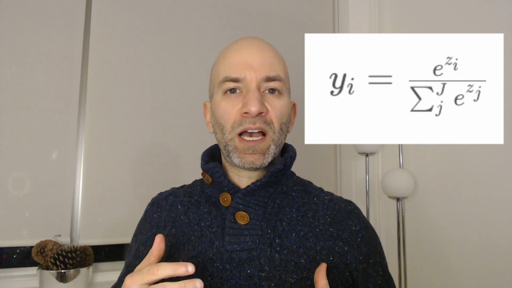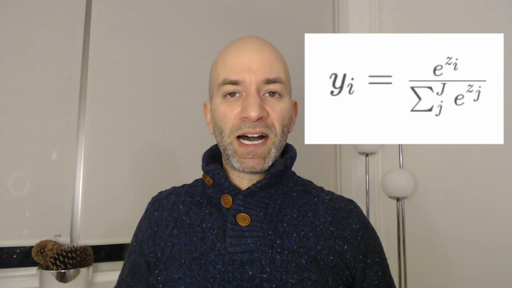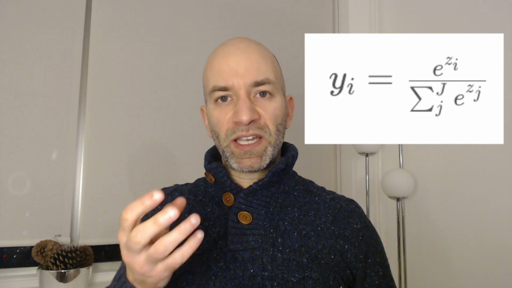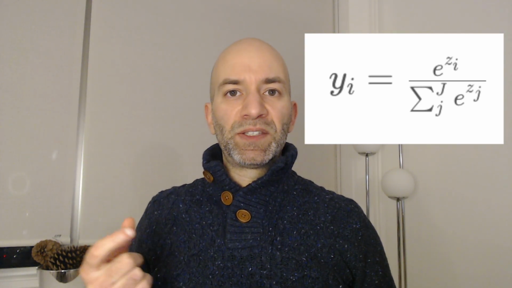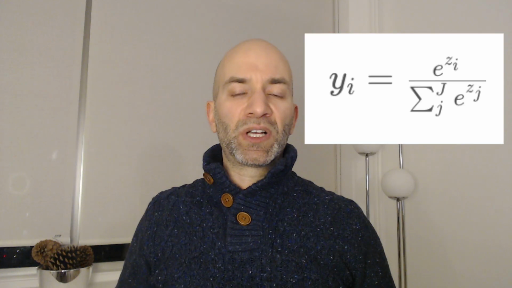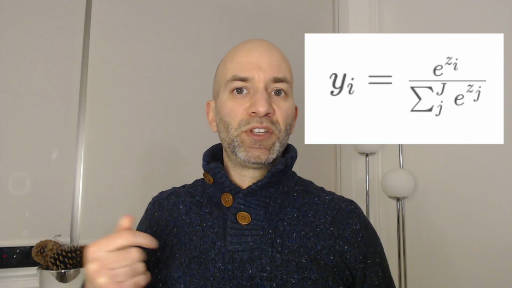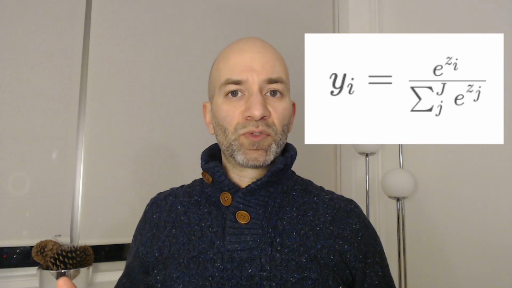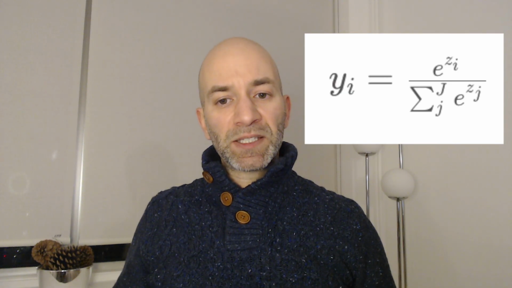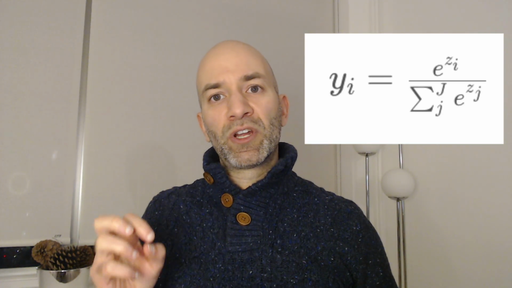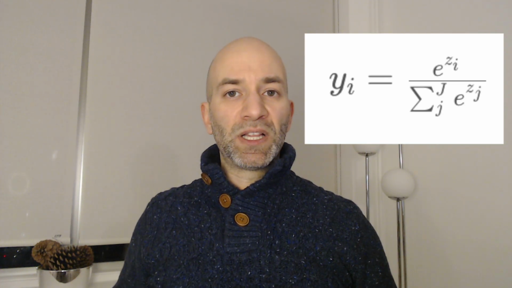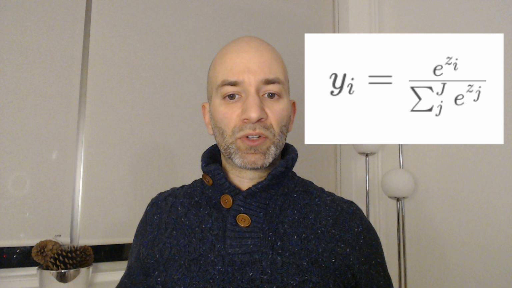So for an output layer in our neural network, for a specific neuron i, our output is defined given this formula, where j is the number of possible output classes that the neural network is meant to model. So j iterates over all possible classes, and in our output layer, we would have one neuron for each possible output class that the model considers.